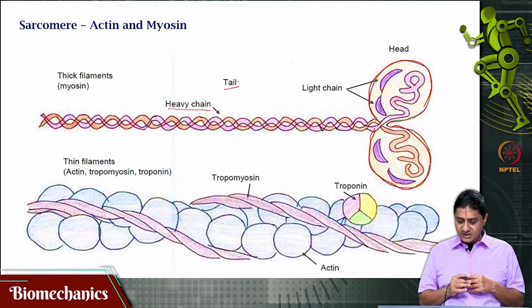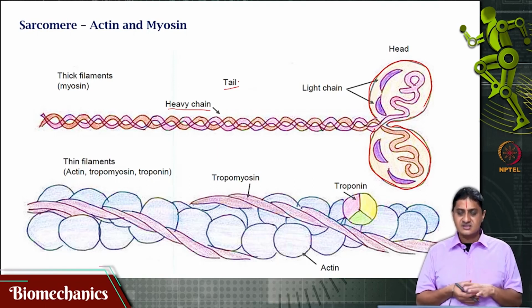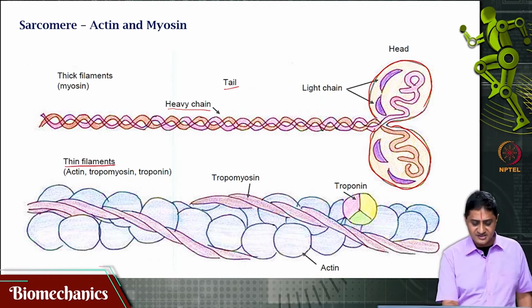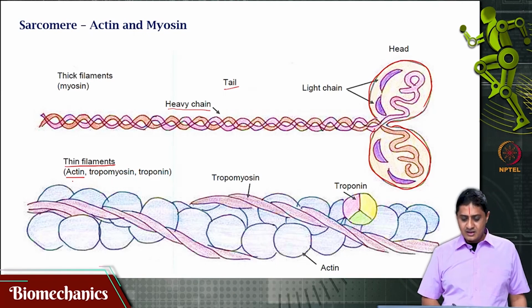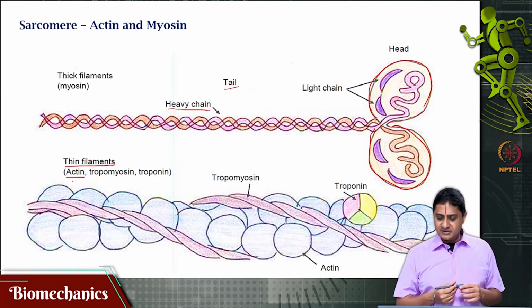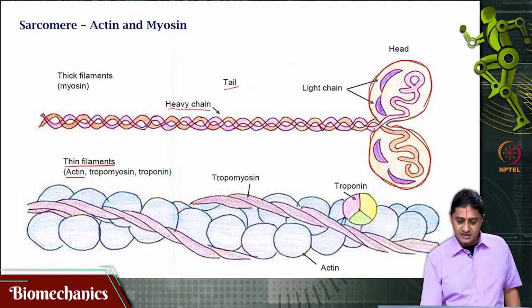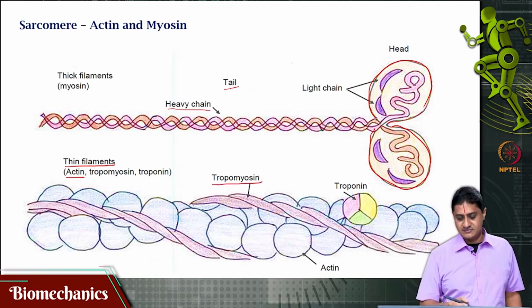As I zoom in, what I see is that there are many other things in the thin filament. The thin filament is composed of actin itself, and this thin filament is surrounded by a thread which is called tropomyosin.